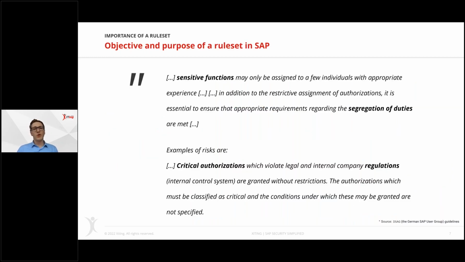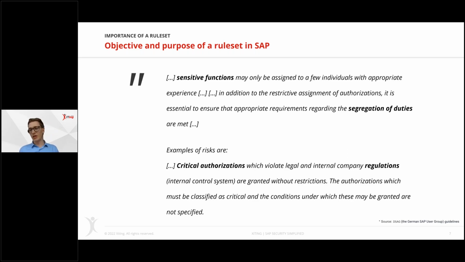All right, so let's jump into the second section and talk about the importance of a rule set. Let's reflect first on what is considered a risk in SAP and how a rule set might contribute to managing that risk.